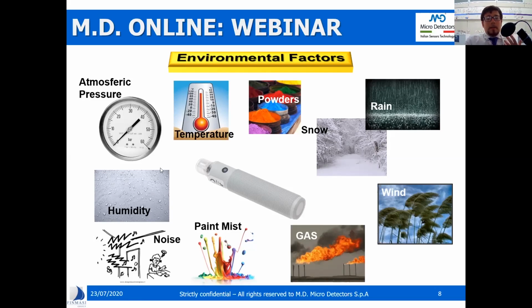On the other side, the air temperature. In this case, since the speed of sound has a linear behavior with respect to the air temperature, we have installed within each model of ultrasonic sensor a mechanism of temperature compensation.